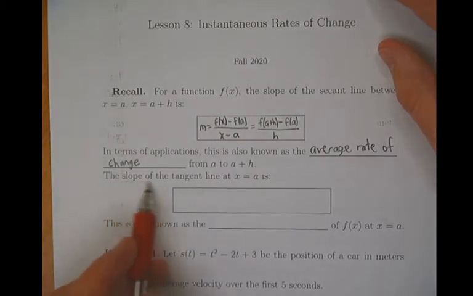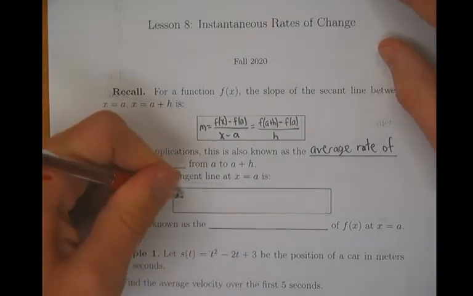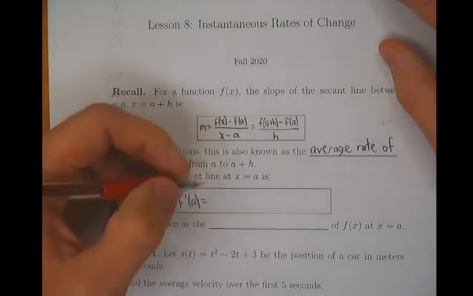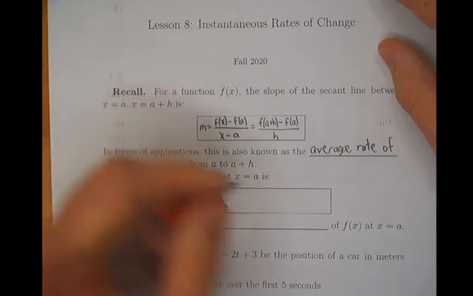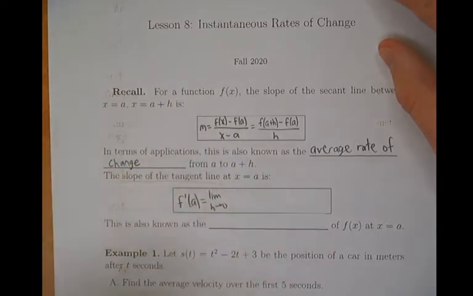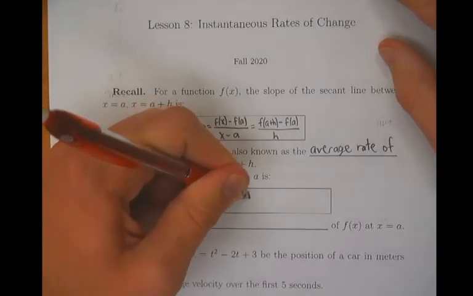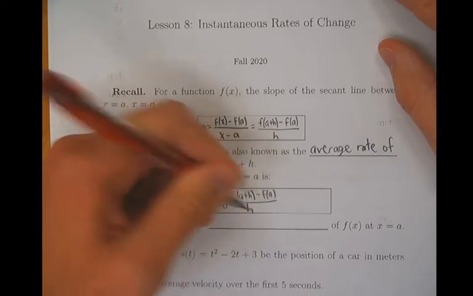So the slope of the tangent line, meanwhile, at x equals a, was the limit definition we had from Friday, where we take the difference quotient and let h go to 0. So we have the limit of f of a plus h minus f of a, all over h.